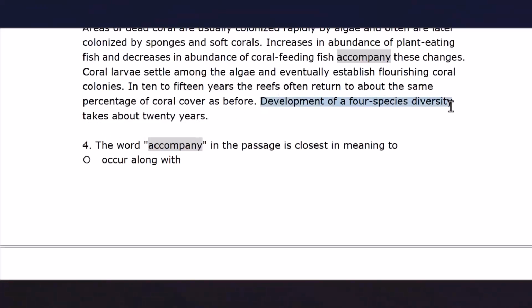Development of a forest species diversity. This sentence follows the previous sentence about the time that it takes for the negative effect on coral cover to be reversed. And here, forest species diversity. Forest species is an adjective. This is a compound adjective for diversity.